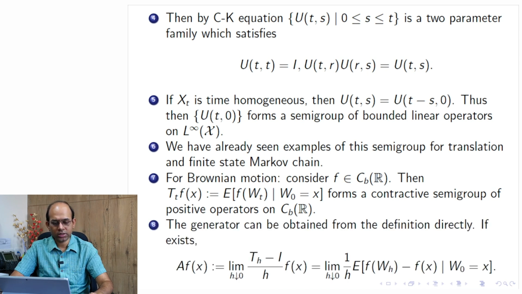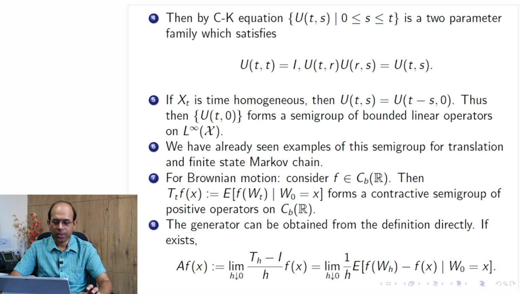So the next question is what should be its generator. The generator can be obtained from the very definition. If it exists for some x, we write A f(x). If A is the generator, A f(x) is defined as the limit as h tends to 0 of (T_h minus identity) divided by h applied to f at x. Here we know what T_h, the semigroup, is: it is the expectation.